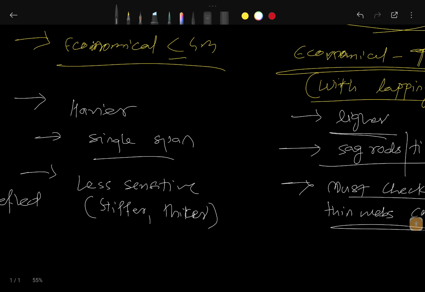For purlin, we use cold form member. For girt, we use cold form member. For bracing, we use hot form members. And for primary beam or column, we always prefer hot form member. So this is a very general guideline for our PEB structure.